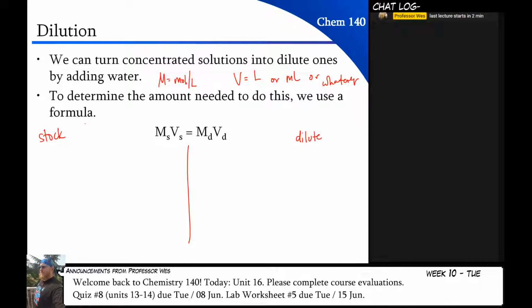So let's put all this together. MS must be the stock, or in other words, starting concentration. VS is the volume of stock solution needed.